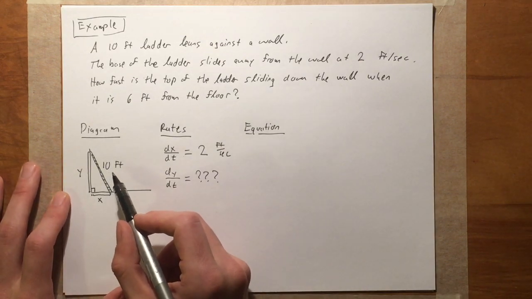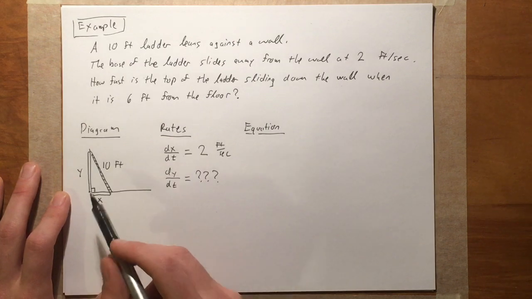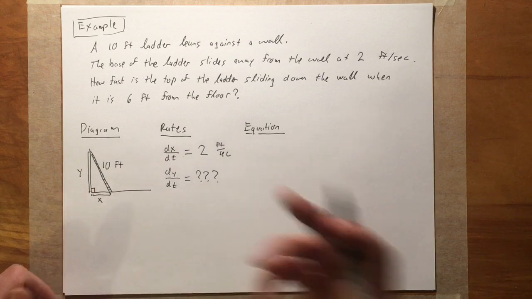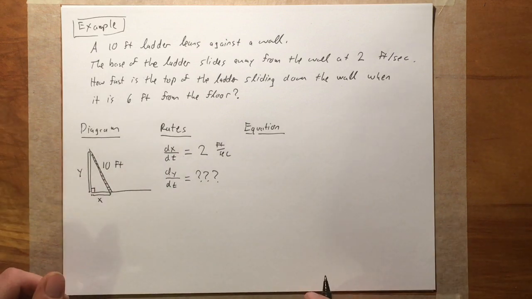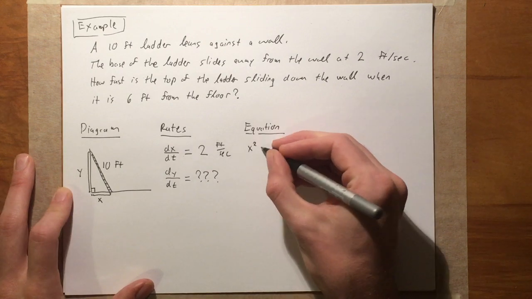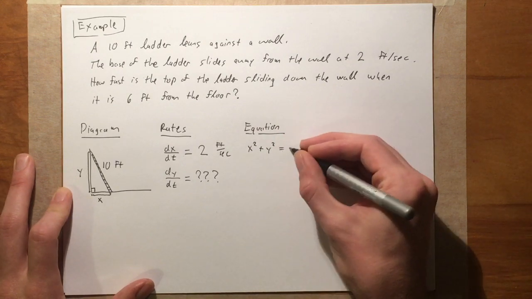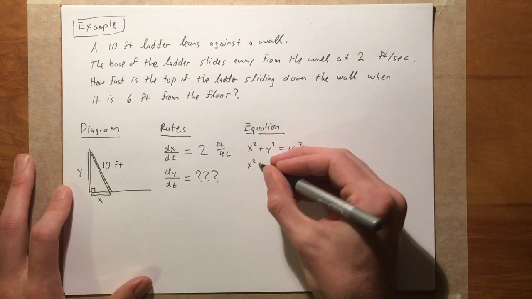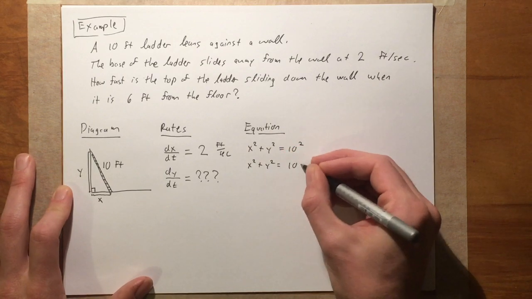I might as well use that since it's a constant. And I've got the x and y variables. Let's find an equation that involves those three. I bet you already know what it is. We're going to use the Pythagorean Theorem and do x squared plus y squared should equal 10 squared. So that's x squared plus y squared equals 100.